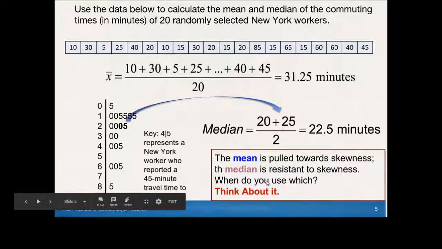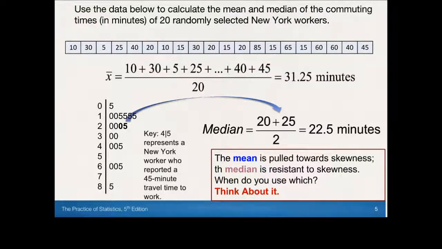So when do we use which? There's another think about it on page 53 that helps you decide when you're going to use which one, and it really depends on the data that you're using. It uses the idea that in Major League Baseball the minimum salary is $480,000, and some players make $10 million.